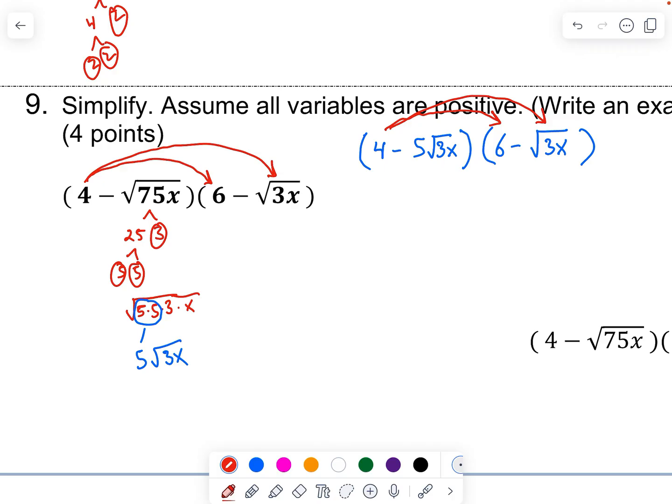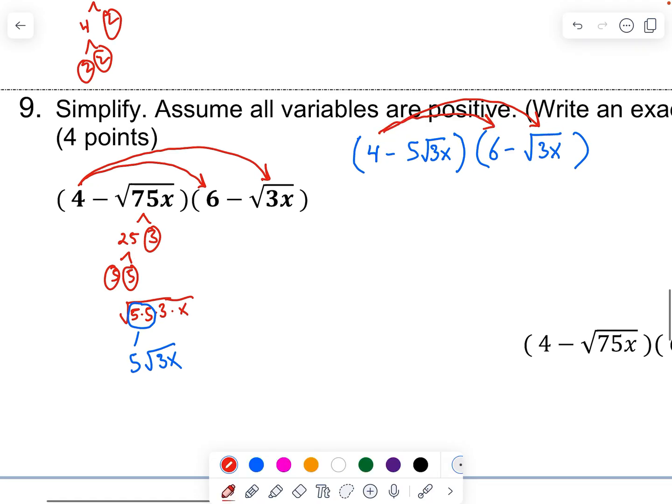So 4 times 6 is 24. And then 4 times negative square root of 3x is just going to give me negative 4 square roots of 3x.